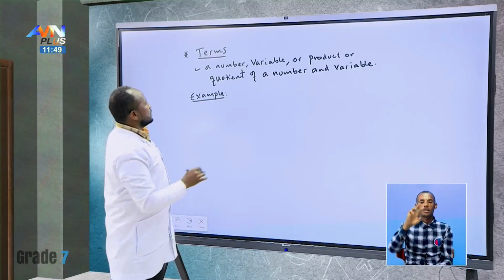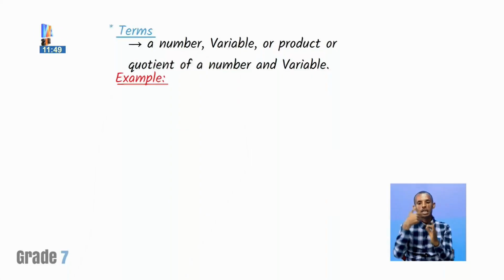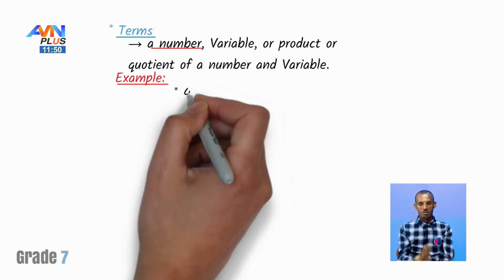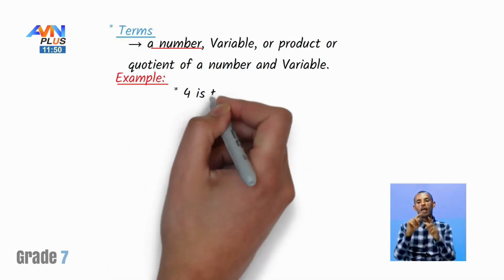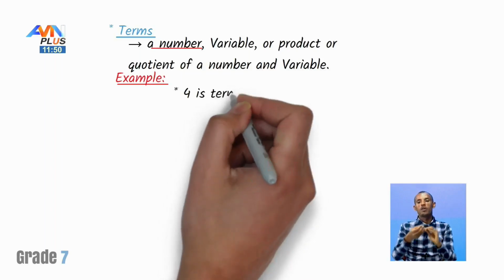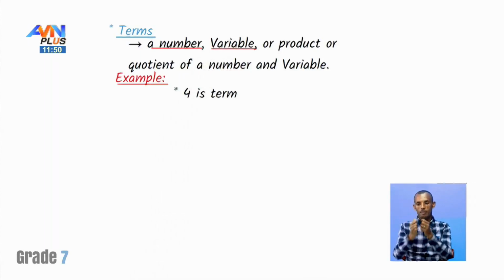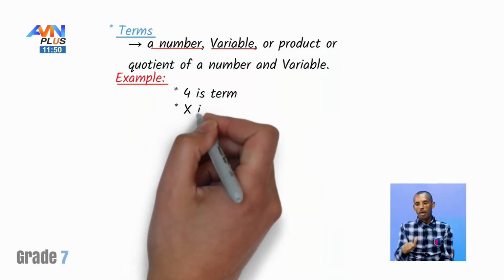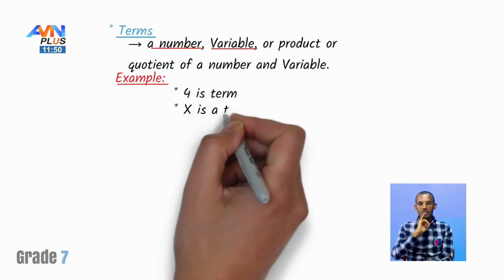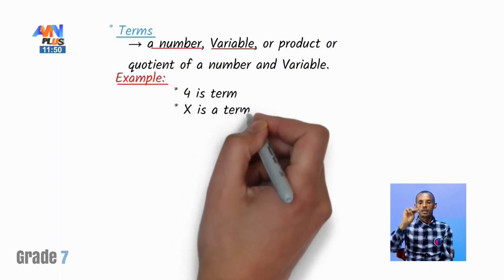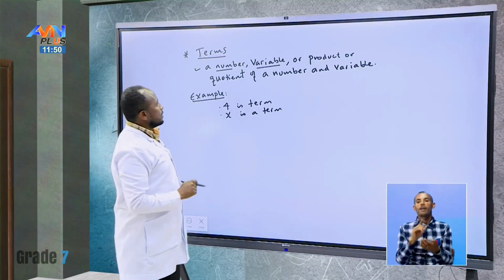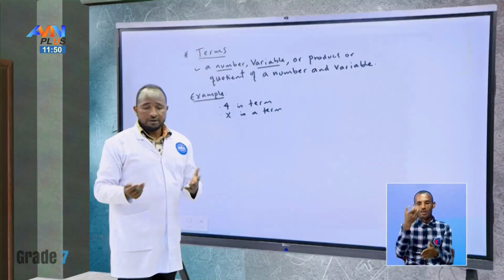Here, the definition says a number. A number can be 4. It's a term. You can take any number; that number is a term. Again, a variable is a term. So you can take any variable. Let's assume it's x. x is a term. You can take a product of a number and a variable.